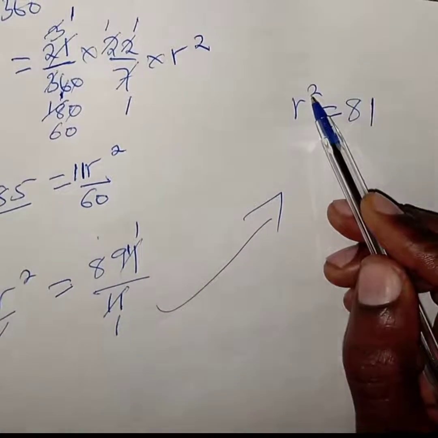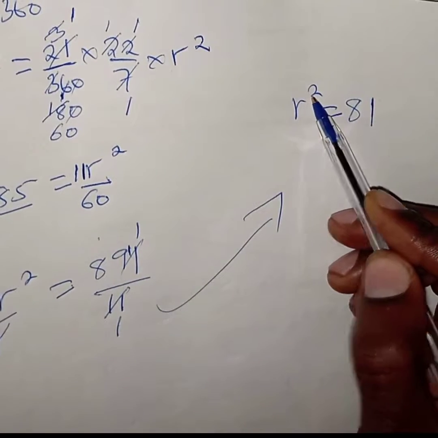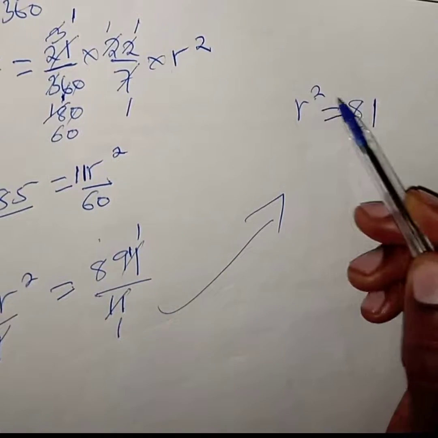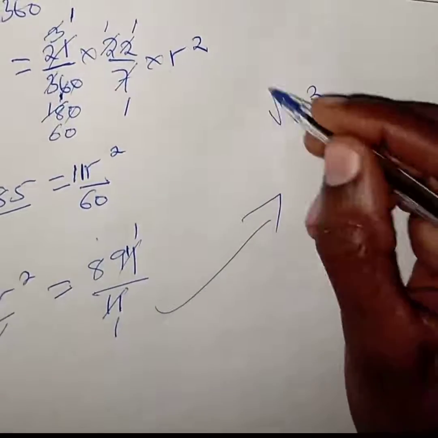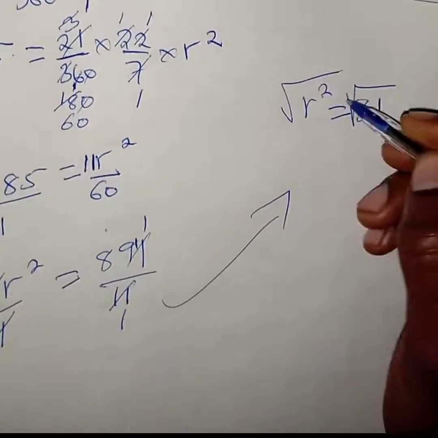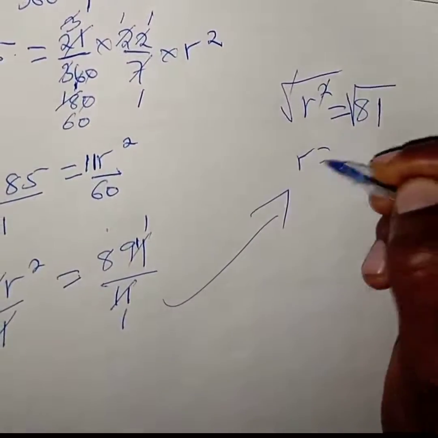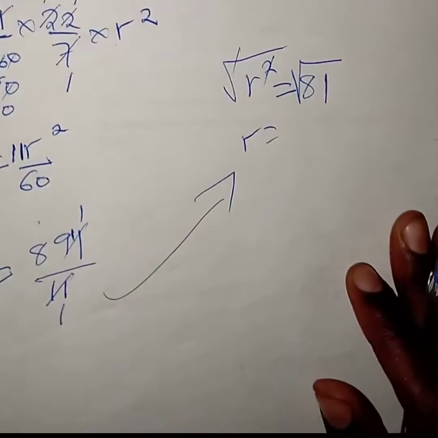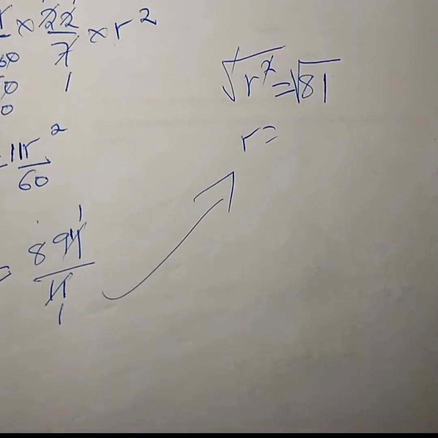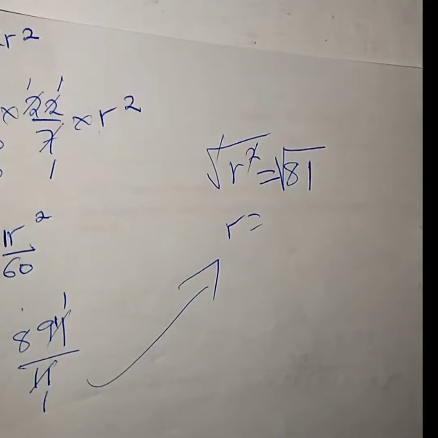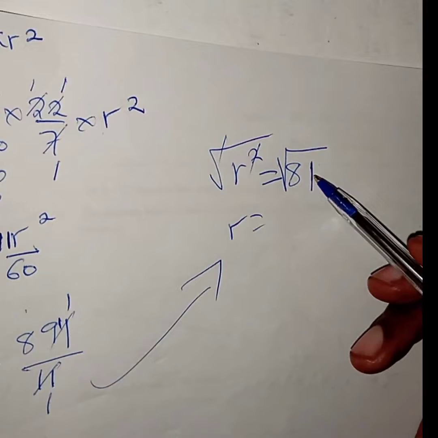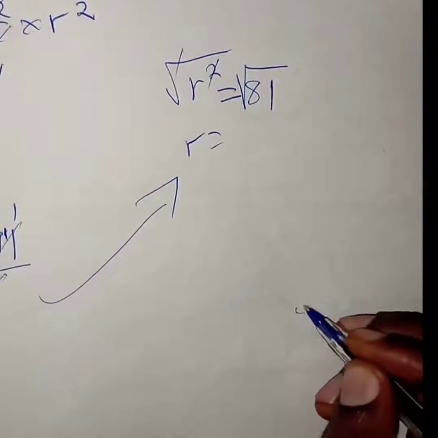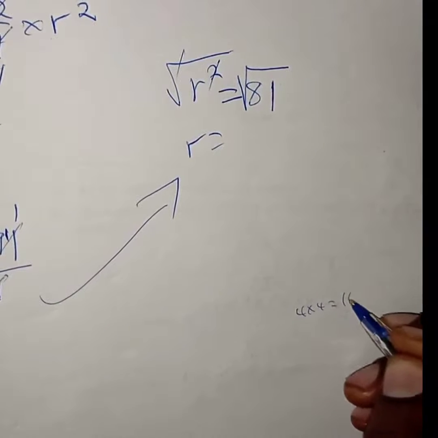So introduce the square root to both sides to remove the square. The square and the square root cancel. And what is the square root of 81? You know, in paper 1, how are you able to tackle that? Which number when you multiply by itself gives 81, because 81 is a perfect square? It won't be 4 times 4, this is 16.